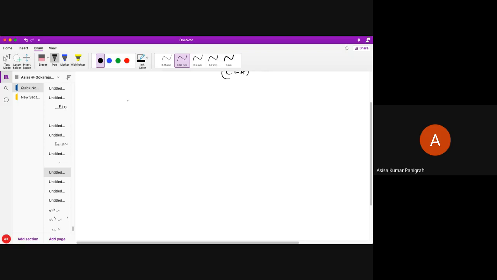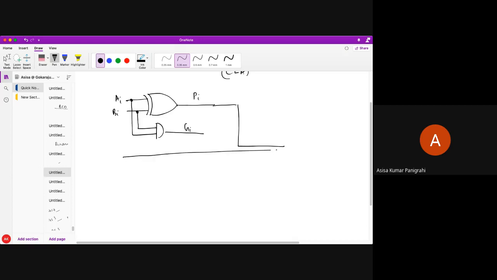As we know, a full adder requires two half adders and an OR gate. This is an XOR gate and this is my AND gate operation. So this is my Ai, Bi, and this is my Pi, and this is Gi. These are all names I have given. So how to design a full adder? I'm going to take a Ci over here.